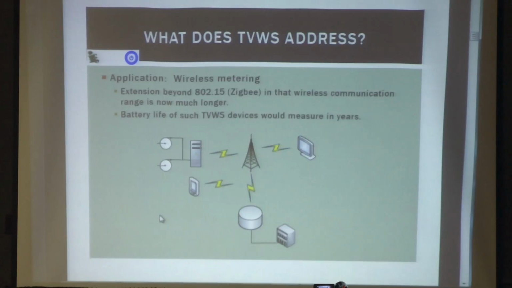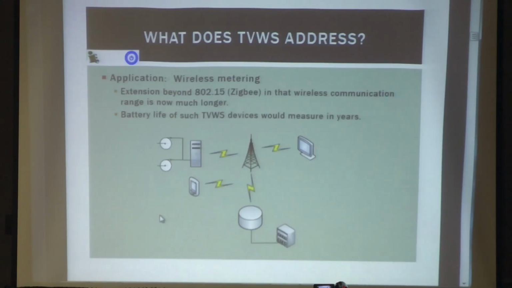Well, this example shows how you can set up a TV white space network for wireless metering. Right now, the way the standard 802.15, which is basically Zigbee, works is that instead of a person physically reading the values from the metering devices at your home, he could just drive over, and his device would wirelessly communicate with the Zigbee-enabled device in your home and get the metering information directly.